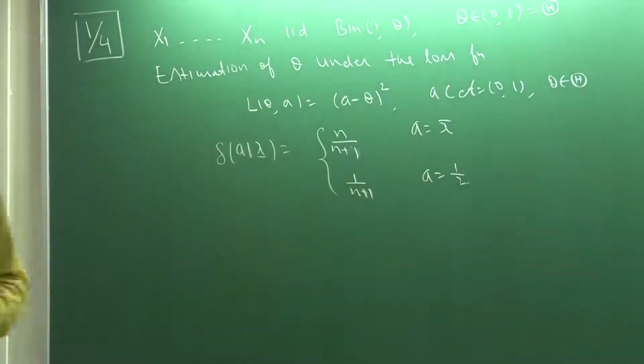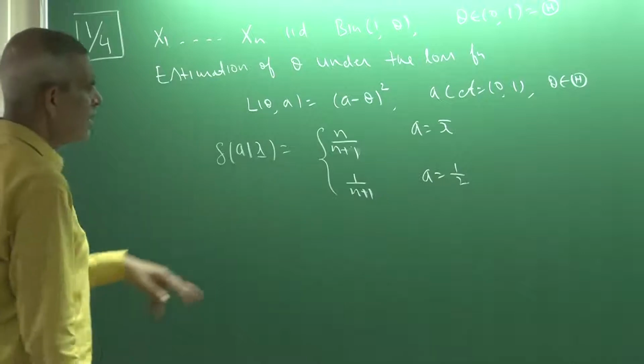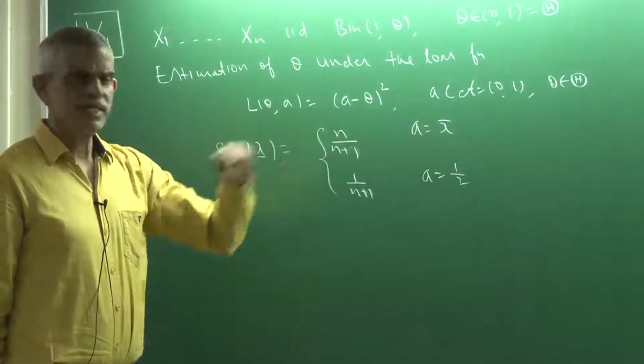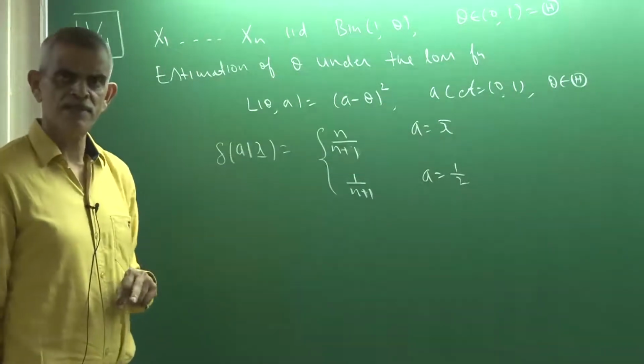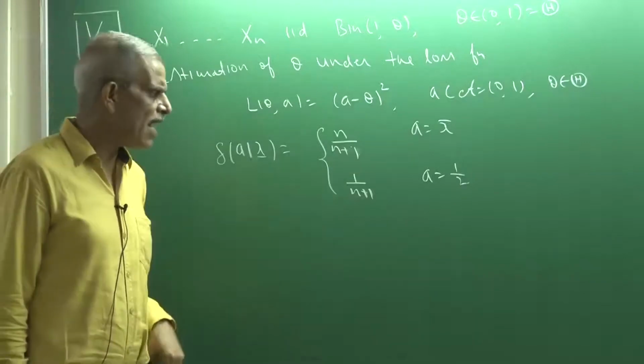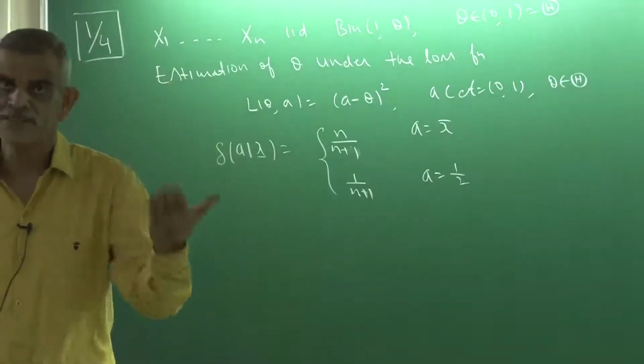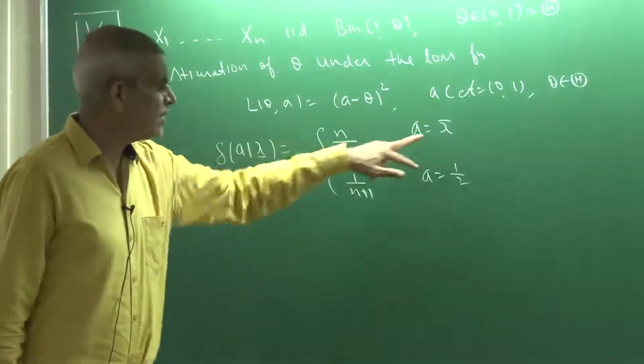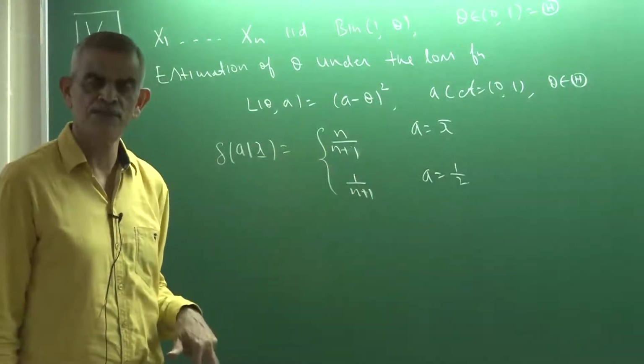So what this decision rule says is, after you have observed x, your estimate is x bar with probability n upon n plus 1, and half with probability 1 upon n plus 1. So immediately after taking the observations, you are not deciding what your estimate should be.